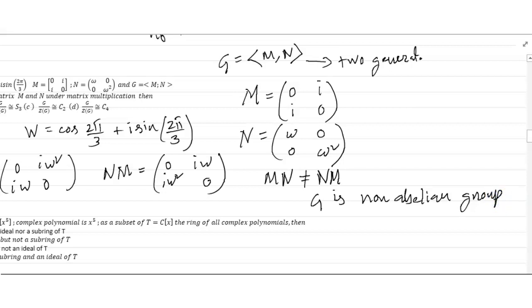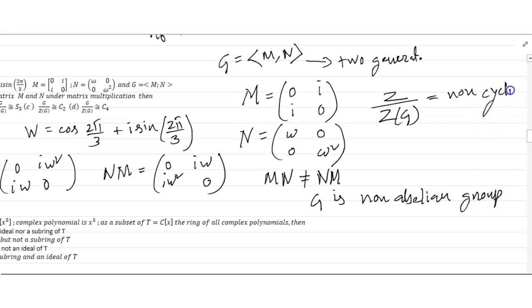And whatever you see, friends, you see that G by ZG is non-cyclic. Why, friends?